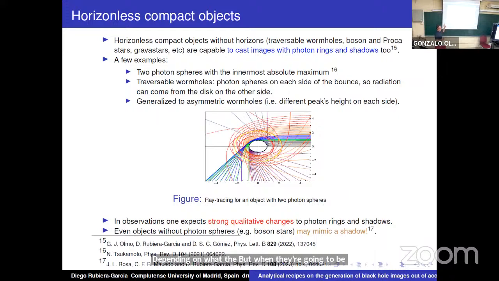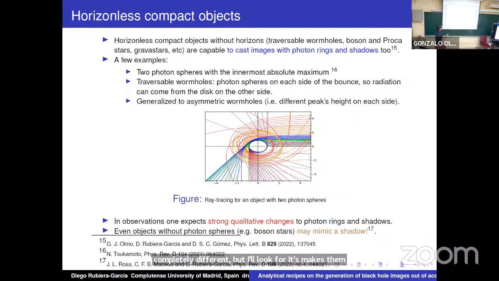It's not the same with these other objects, because each of them is different in nature, having photon spheres or not, having two sizes or not, having different internal regions or not. So the kind of image you can expect is completely different, varying a lot from object to object, which makes them easier to rule out with observations. At the same time, it offers you new possibilities.